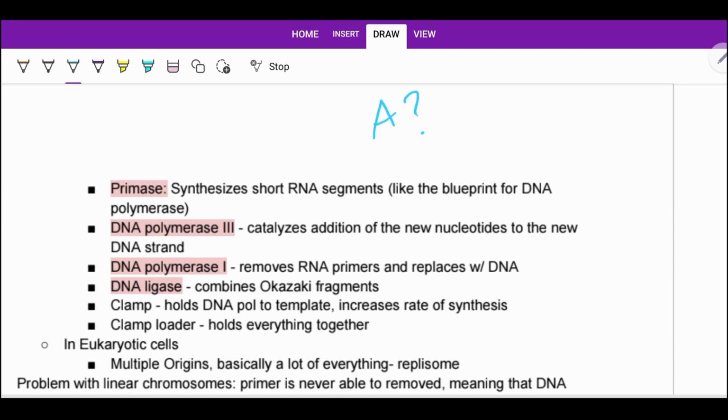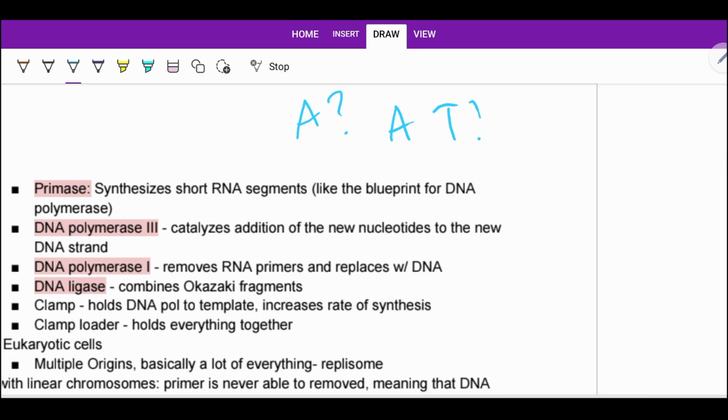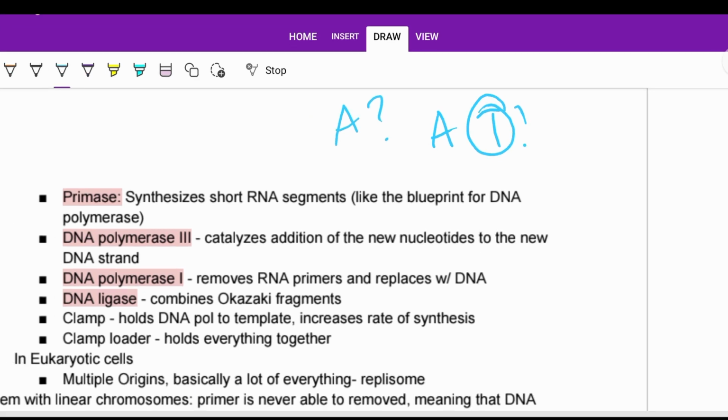So RNA primers have to go in and say A pairs with T, and then DNA polymerase will be like, "Oh, yeah, A does pair with T. I'll put a T there." So basically, the primase sketches it out for the DNA polymerase, and then the DNA polymerase can do its job. It just puts in a few RNA segments ahead of the DNA to show the DNA what it should be putting in there and what it should do.